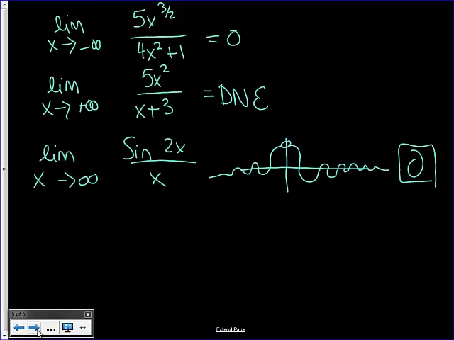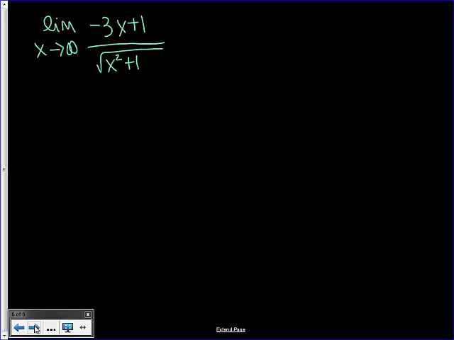Okay. So what about my limit? Moving on, let's go to the next page. My limit as x approaches infinity of negative 3x plus 1 over the square root of x squared plus 1. Well, let's look at this. My degree on top is 1. My degree on bottom is the square root of x squared, so let's talk about that.